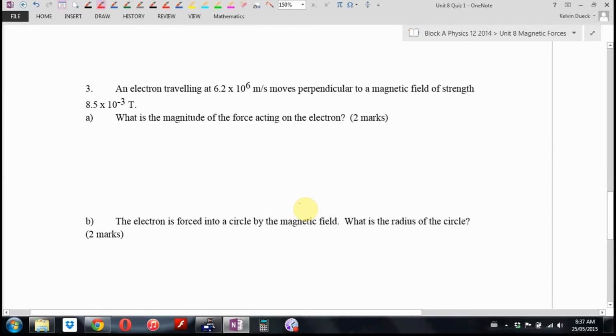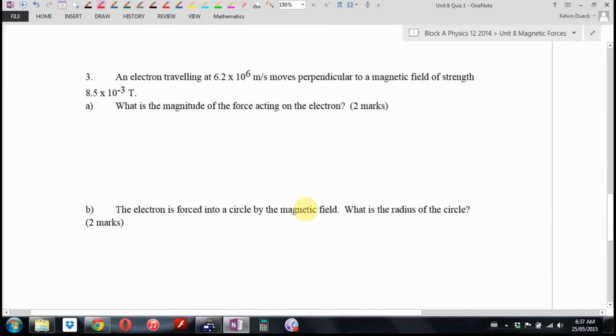I like question 3. What is the magnitude? Oh, okay, so first of all, the magnitude of the force on an electron is going to be QVB. Q, it's an electron. V, speed, 6.2 times 10 to the 6.